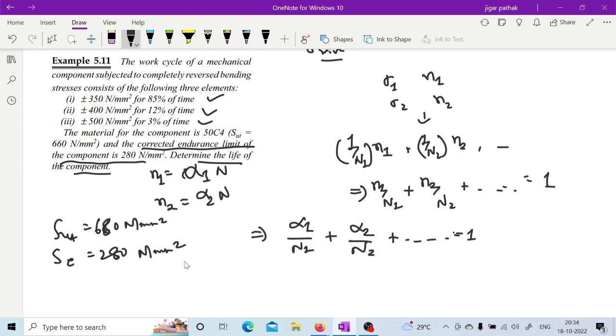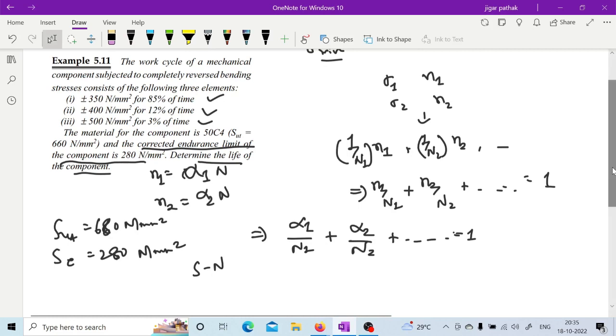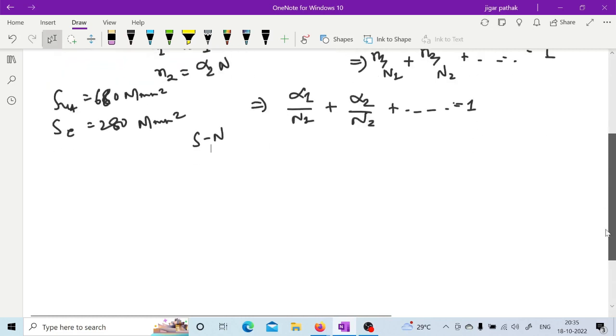How will you start? First you can plot the SN diagram, as we have drawn in the previous finite life problem. The very first thing is you need to plot this SN plot.